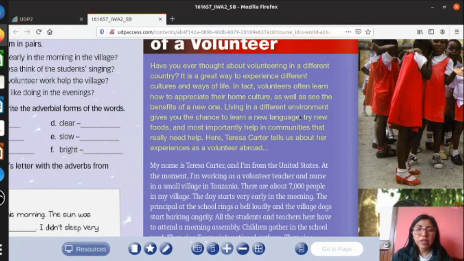Living in a different environment gives you the chance to learn a new language, try new foods, and most importantly, help in communities that really need help. Here, Teresa Carter tells us about her experience as a volunteer abroad.